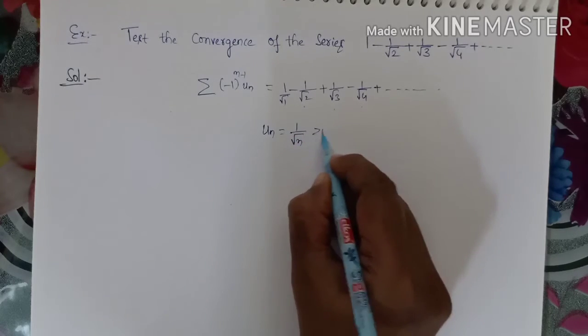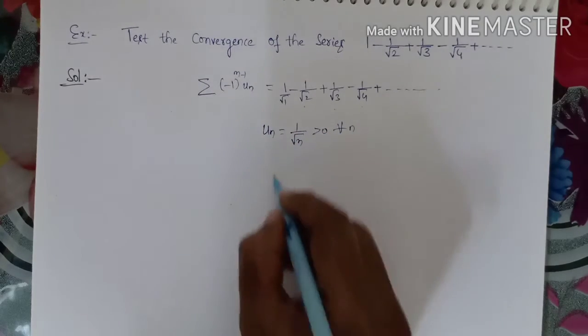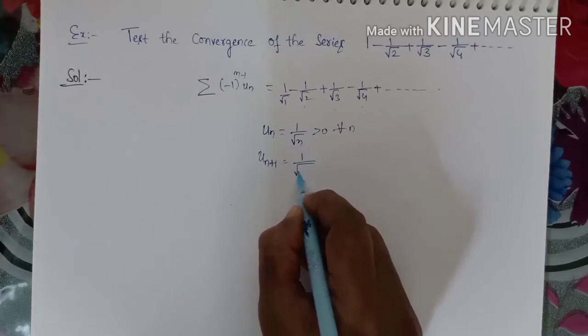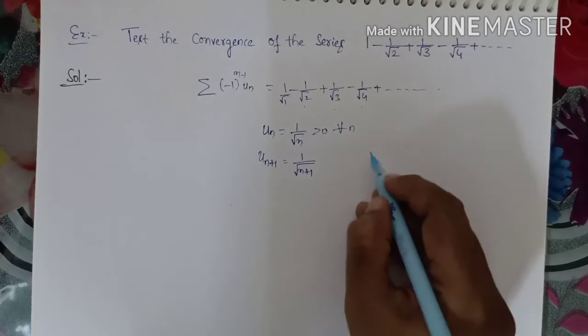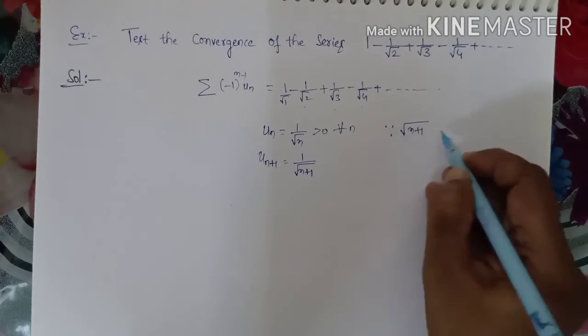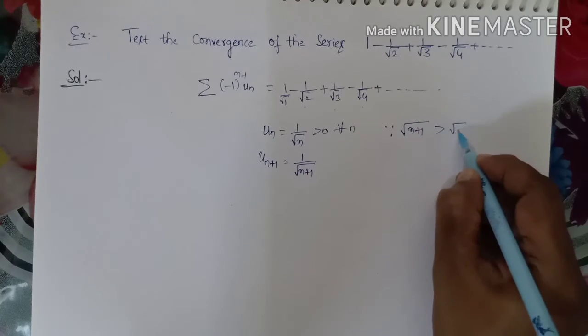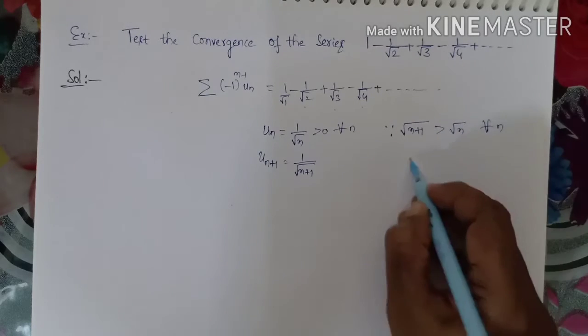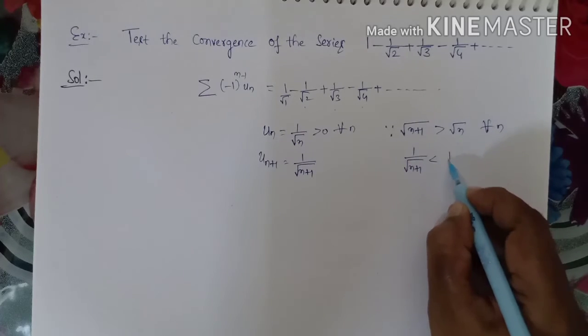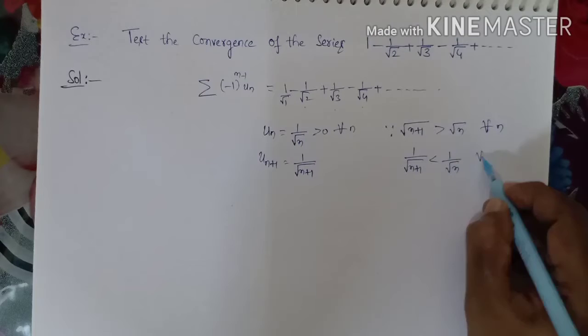This is greater than 0 for all n. un plus 1 is equal to 1 by root of n plus 1. Since root of n plus 1 is greater than root n for all n, 1 by root of n plus 1 is less than 1 by root n for all n.